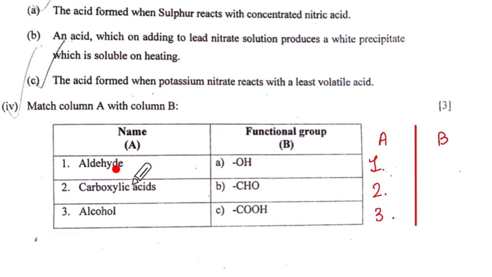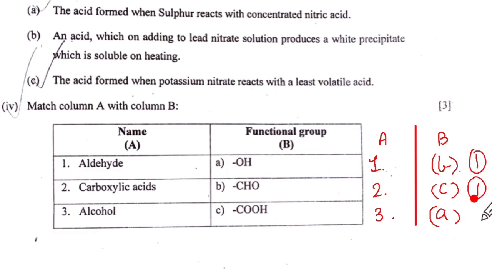Now aldehyde will be -CHO, so I will write like so. Carboxylic acid is -COOH, where is it? This. And alcohol is -OH, so that will be A. So B, C, A in that order. So we'll have 1 mark each, and that gives us our full marks. So we have actually solved the full paper, not the choice questions, but all the questions.